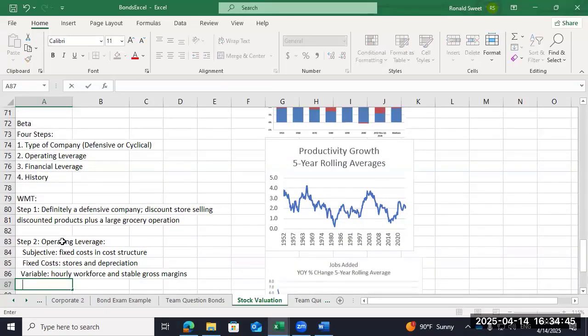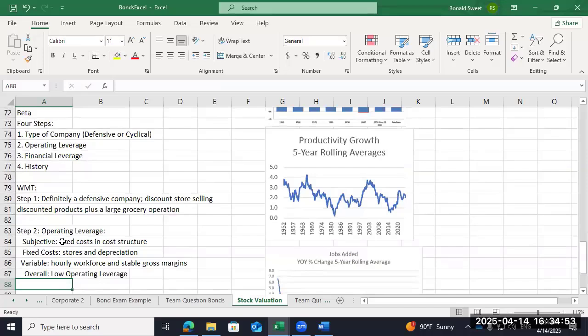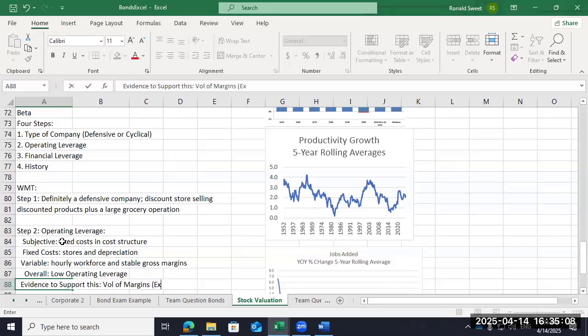So I would say overall low operating leverage. But then there's the mathematical part of it, which is really not mathematical, but it gives you some indication. So evidence to support this. So let's look at the volatility of margins. And that's an Excel spreadsheet that you can use.